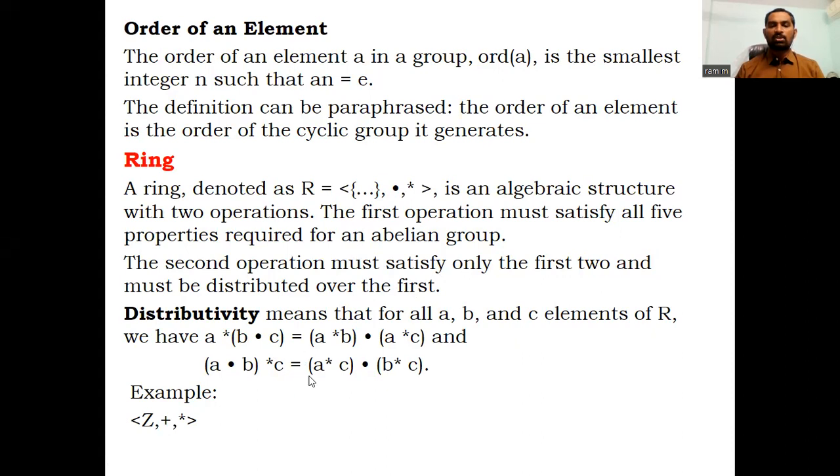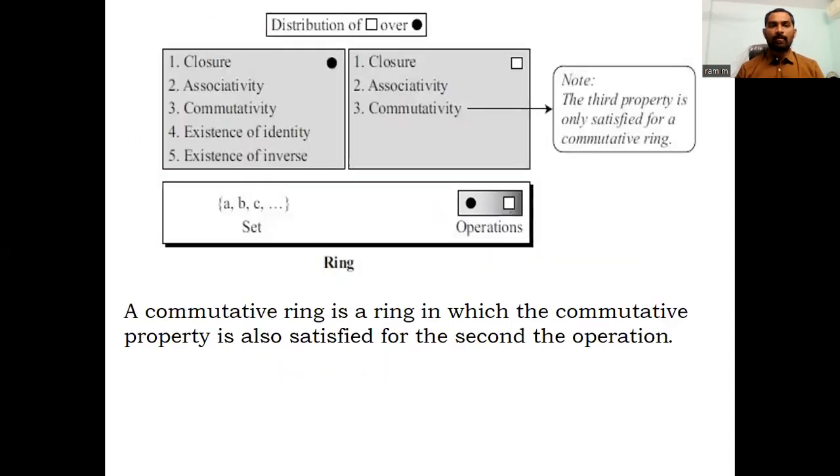So we can say that the set of integers over the two binary operations, addition and multiplication, is a ring. So this is how we can represent it. Also, if a ring satisfies the commutative property, then we call that ring a commutative ring.